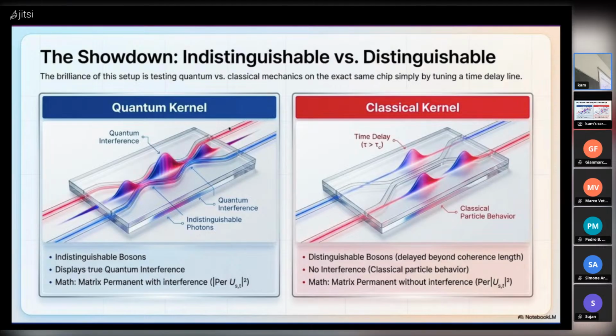Here, do they do something like this, or something else? That's the question, I guess. How is the kernel matrix actually measured, if they are measuring it? Unless I understand that, I don't know. I guess the permanent is the kernel. Yes.